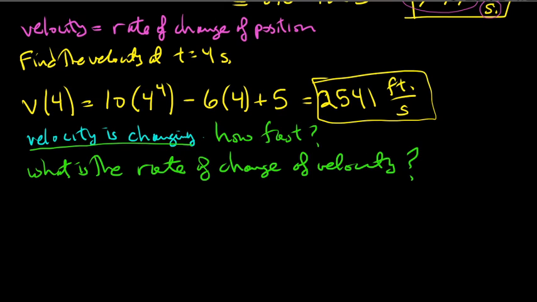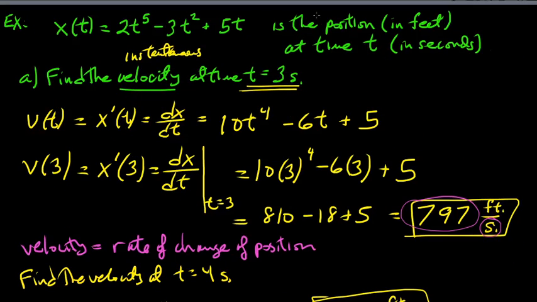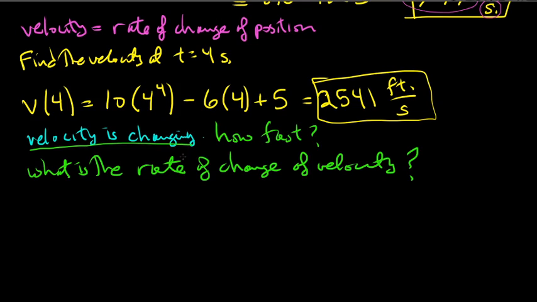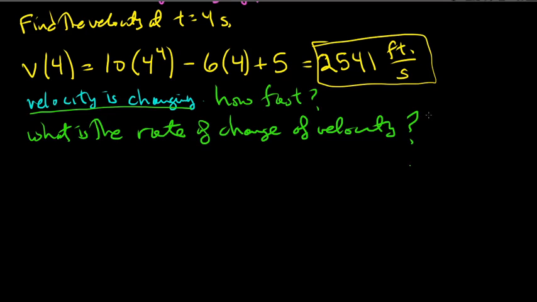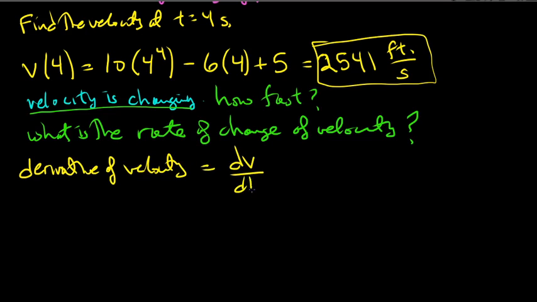Well, if you want the rate of change of something, what do we do? We wanted the rate of change of position. We had to take the derivative of position, and that gave us velocity. Now, if we want to find the rate of change of velocity, we take the derivative of the velocity. So we can write that as dv over dt, or v prime of t.